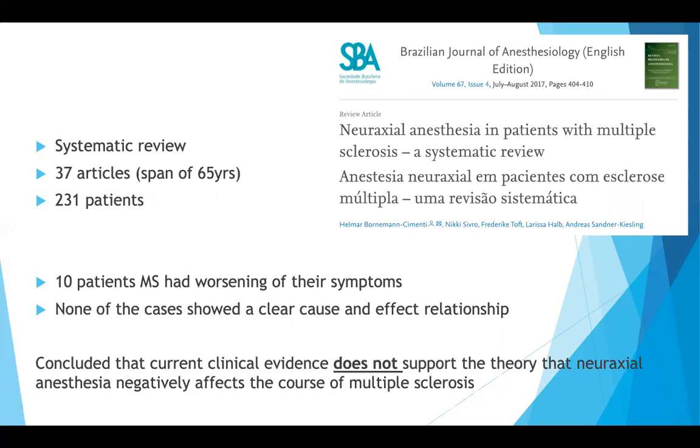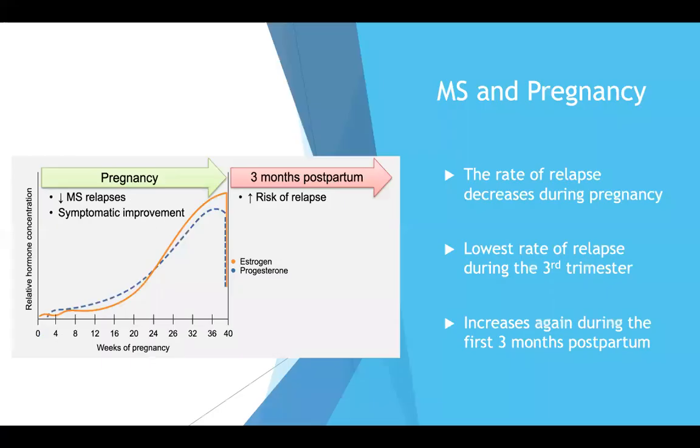This systematic review looked at 37 articles throughout a span of 65 years, out of which there were 231 patients. 10 patients with multiple sclerosis had worsening of the symptoms, but none of the cases had a clear cause and effect relationship between the use of neuraxial anesthesia and multiple sclerosis. This systematic review concluded that the current clinical evidence does not support the theory that neuraxial anesthesia negatively affects the course of multiple sclerosis.